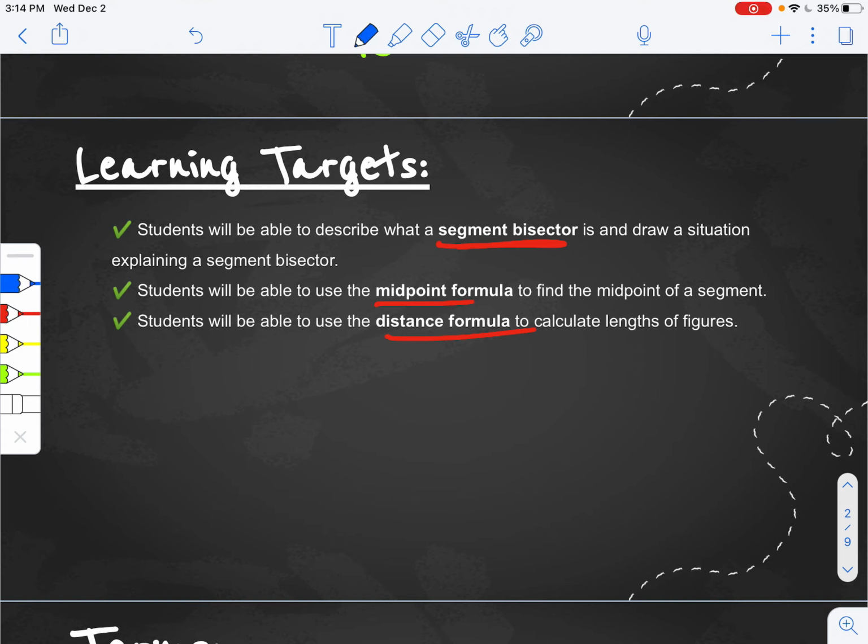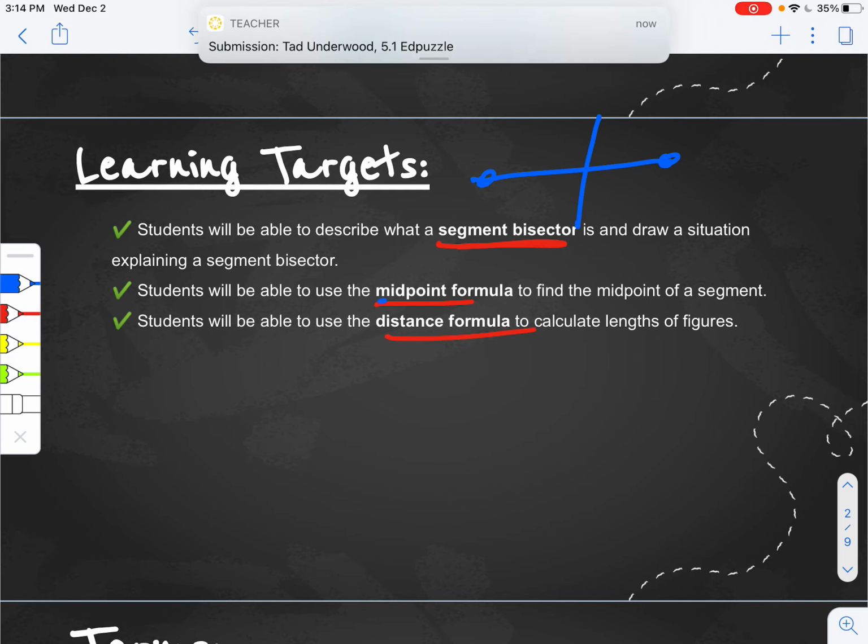So there's something I want to point out about all of these three keywords. The first one, segment bisector. Well, let's just break that word apart. We have a segment. To bisect something means that we split it or cut it, so that could give us a hint of what we're talking about there.